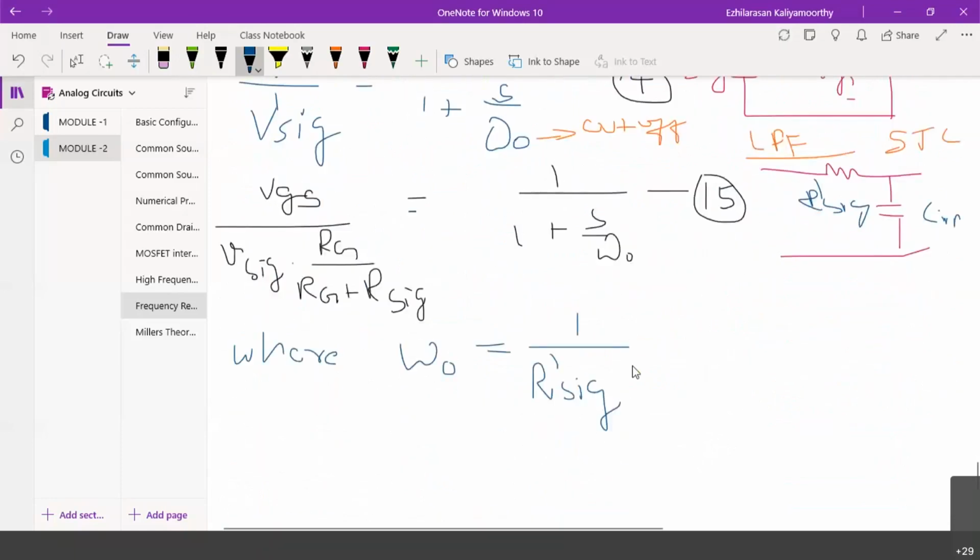So R dash signal, 1 by RC actually, that is R dash signal into Cin.